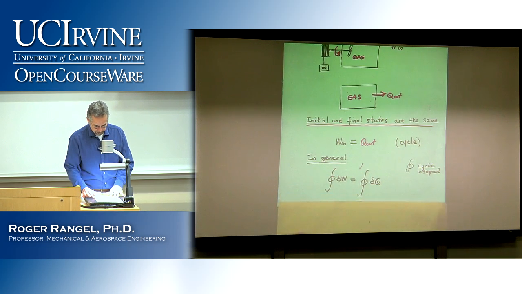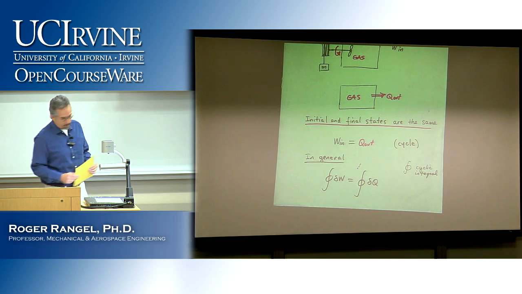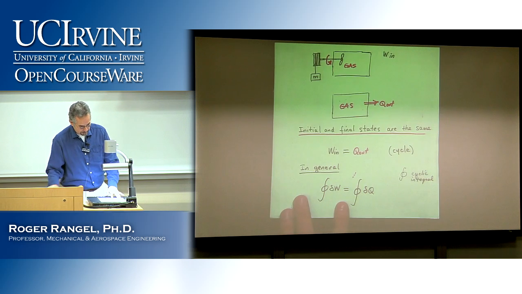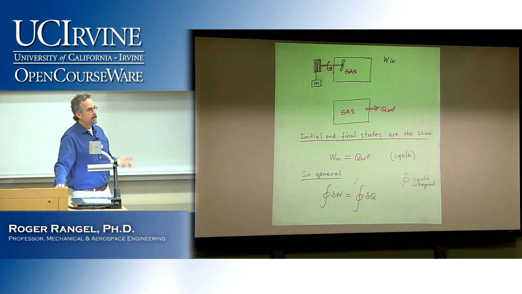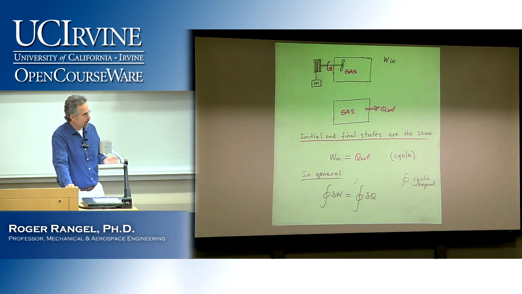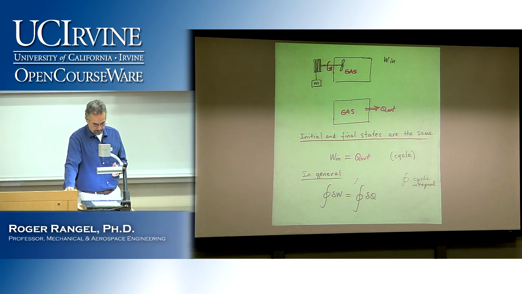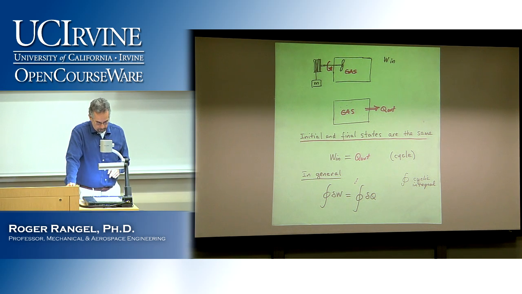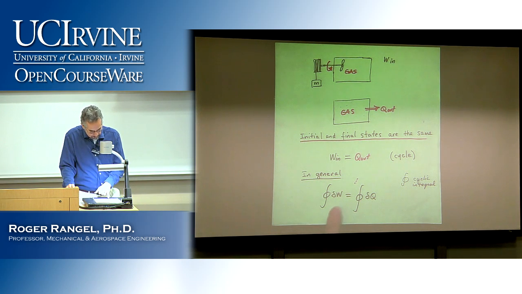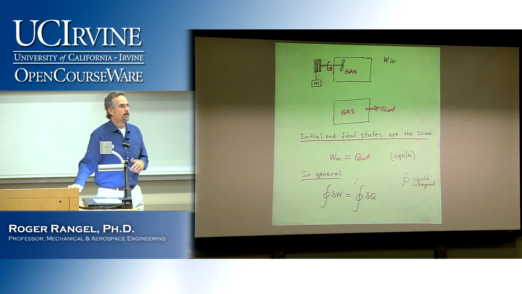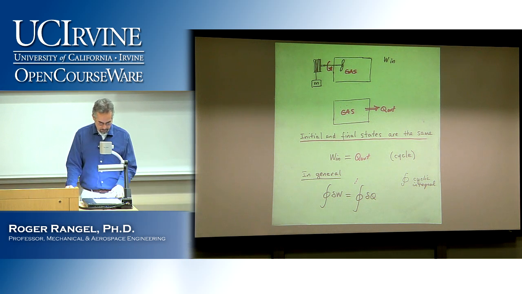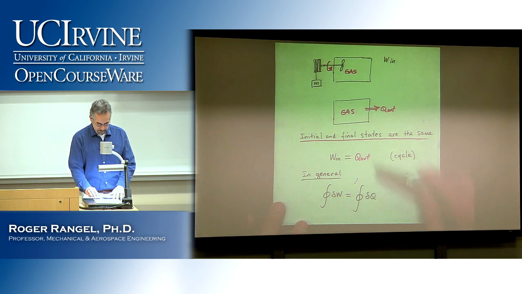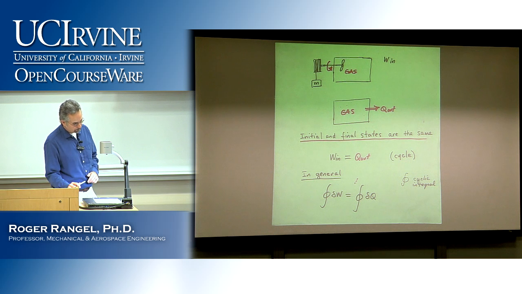So in general, we can write that like that. This integral that you see there with a little circle around it is the way we write an integral for a cycle. So the cyclic integral of the work must be equal to the cyclic integral of the heat transfer. That's just a more general way of expressing the same result that I wrote above.